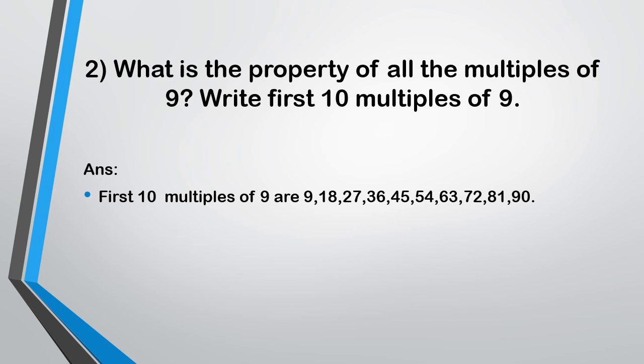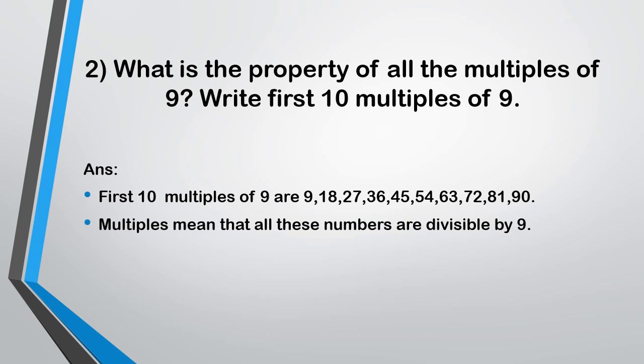Like this you can write 54, 63, 72, 81, 90. So you can use the 9 table to find the multiples. Multiples mean that all these numbers are divisible by 9. This is the property: all the multiples of 9 are divisible by 9.